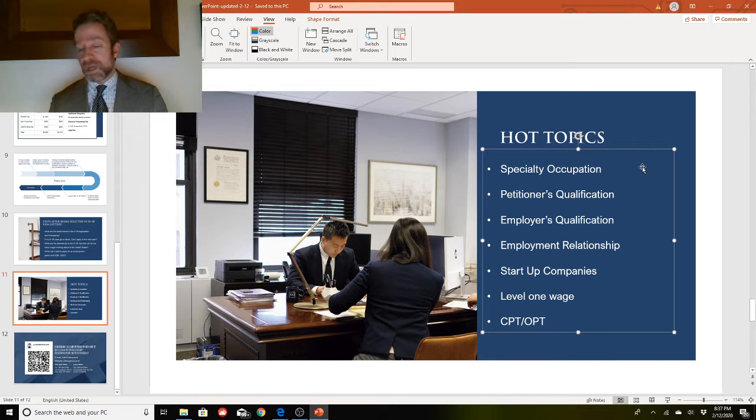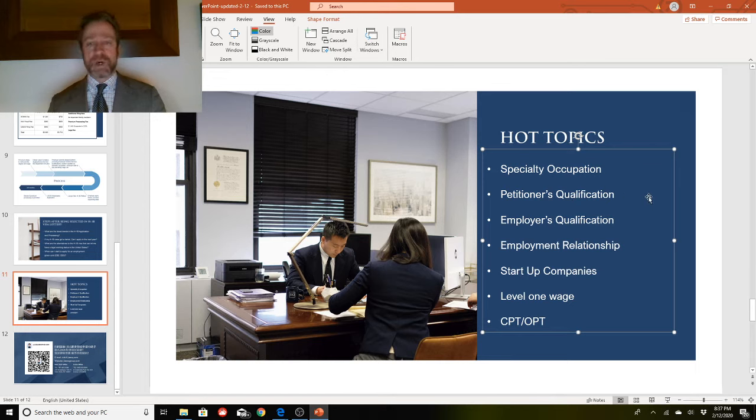If the applicant has an accounting degree, it's very easy to show that in order to be an accountant, the applicant must have an accounting degree. Other cases are more complicated. But we've been very successful, generally speaking, in showing that the applicant for the H-1B visa does have the degree that's required for the position. All right, now the petitioner's qualifications, that is the employer's qualifications.